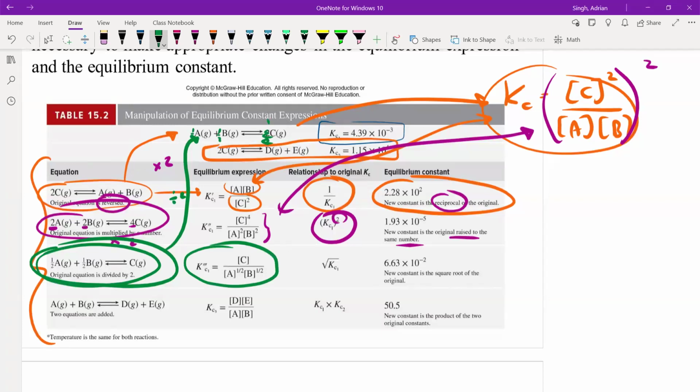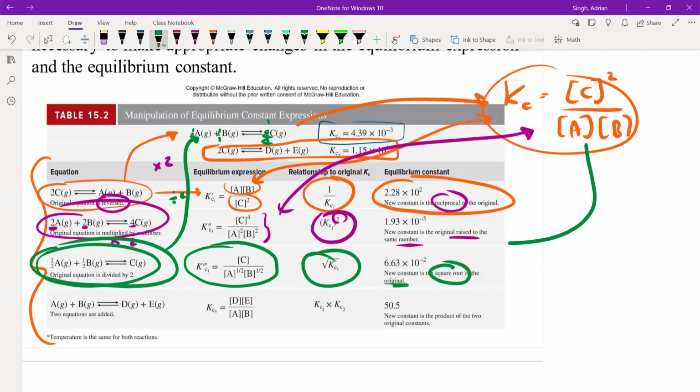And when we divide that original equation by 2, we end up taking the square root of that original equation. So if I take my original equation up here, in order to get this to become that equation, we actually have to take the square root of this entire thing. So that means we need to take the square root of the Kc value as well.